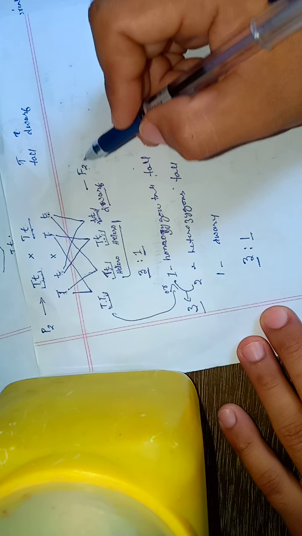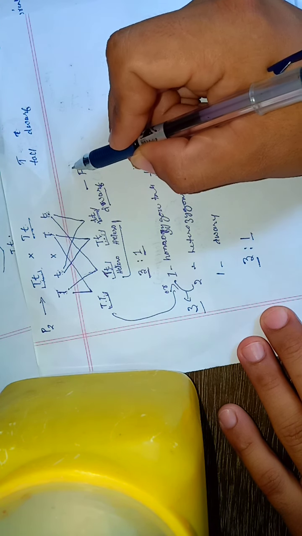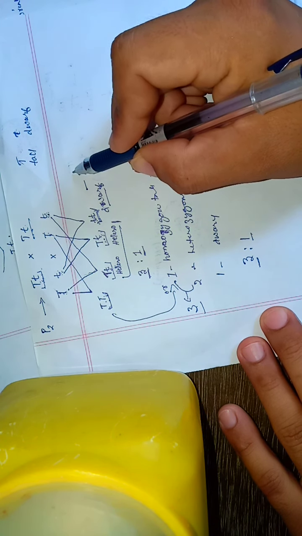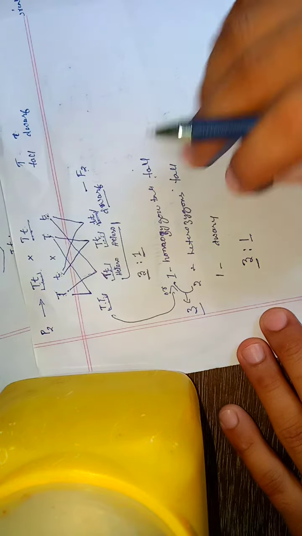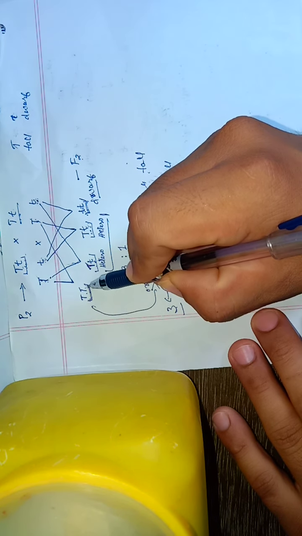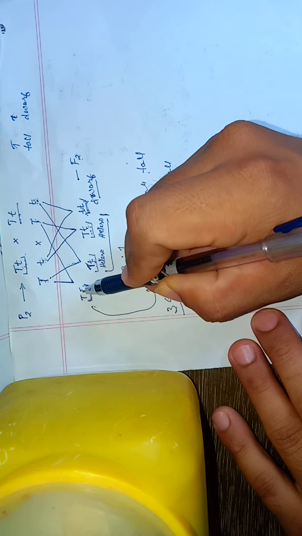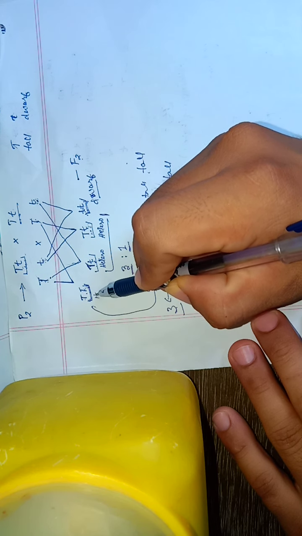So this is how F3 and F4 generations will go. F3 will arise from the hybridization of F2 again. F4 generation will arise through the hybridization of F3 again. So this will go on like this. Now this is both T and T, both are capital, so it is tall, and both are the same capital letter, so this is homozygous tall.